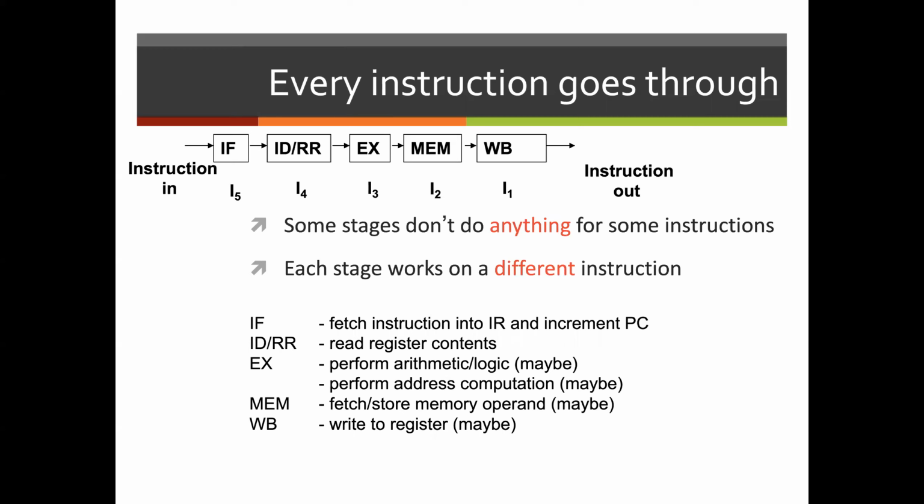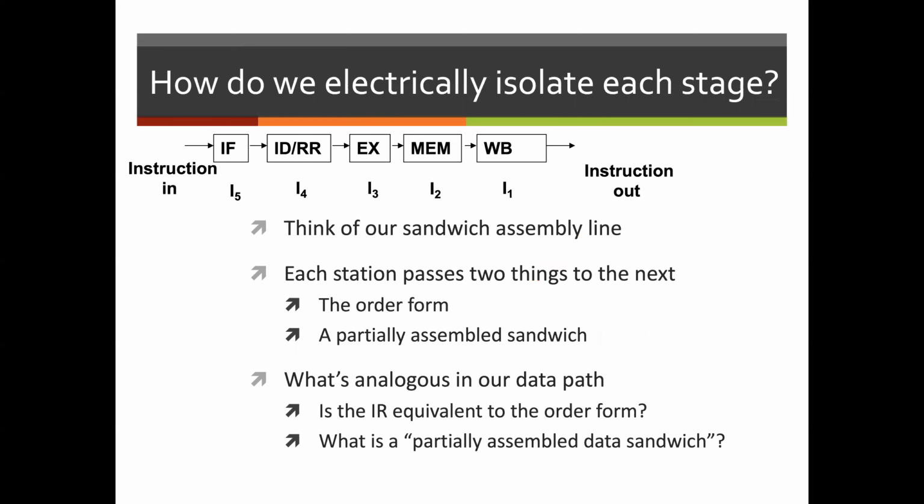And so what might be further needed for us to realize that, or how can we electrically isolate each stage? So if we think about our sandwich assembly line, each stage is going to pass 2 things to the next, the order form and a partially assembled sandwich. And so in our data path, how would we represent those components?